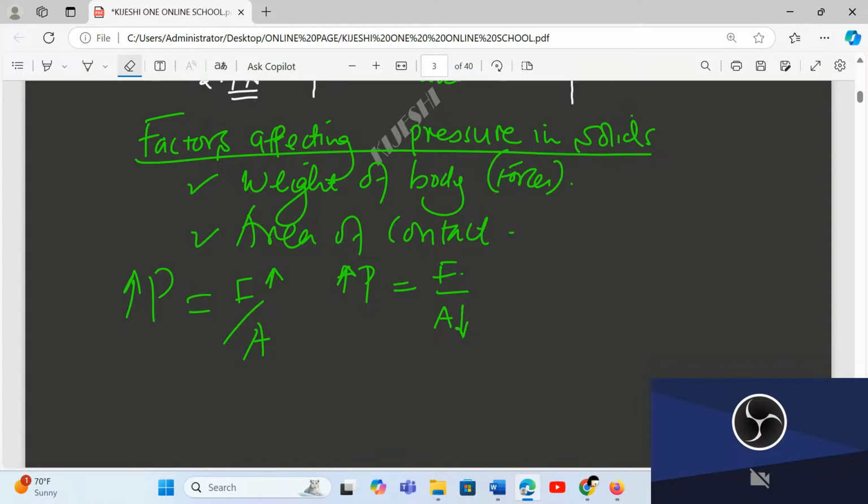If you increase the area, the P will automatically come down.